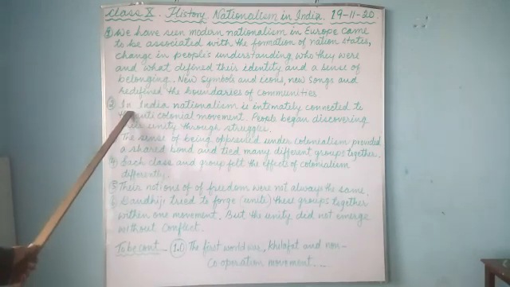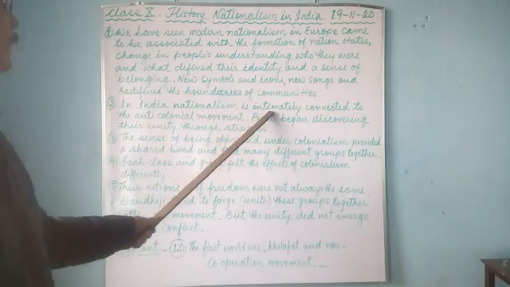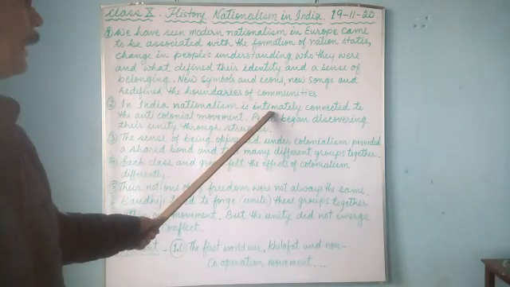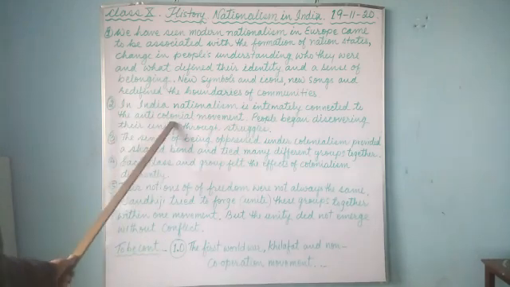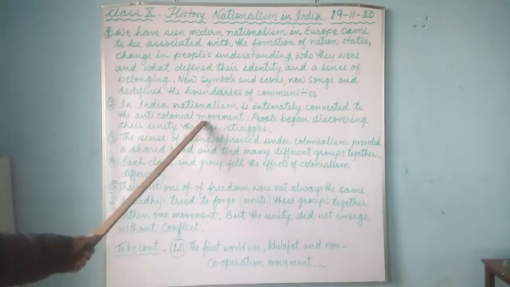What about India? India was also ruled by the colonizers. In India, nationalism is intimately, dearly connected to the anti-colonial movement. Since the country was ruled by foreigners, the Englishmen, people were highly oppressed.